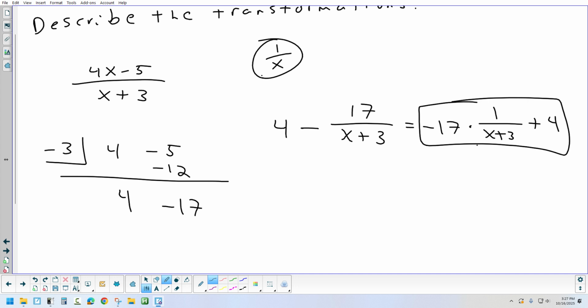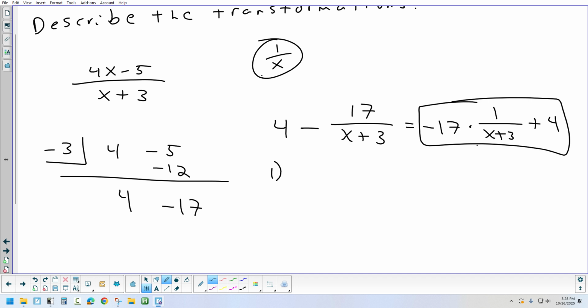Yeah, 4. Can you tell me what number you would focus on first? Shift. So what number are you looking at? X plus 3, so 3.